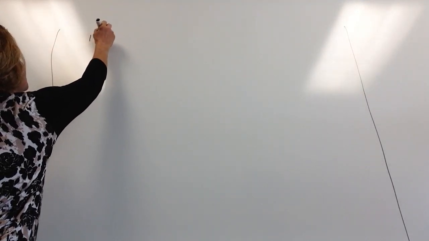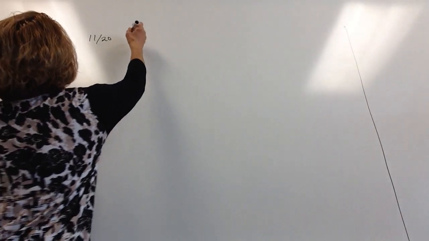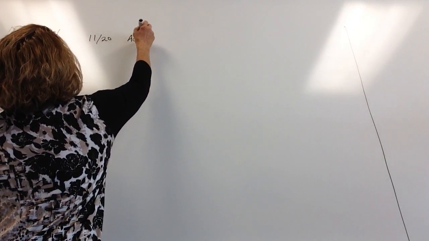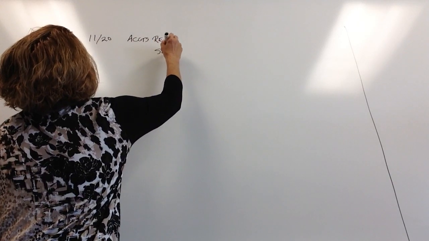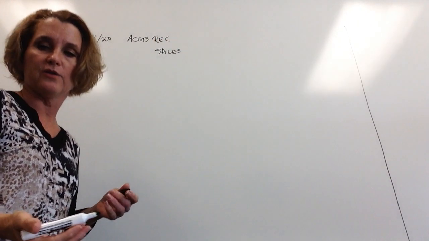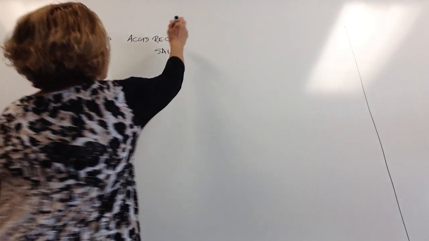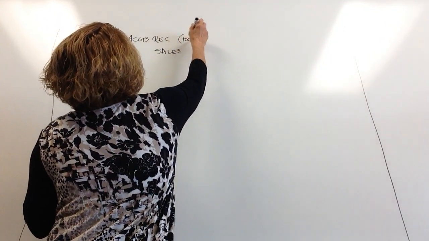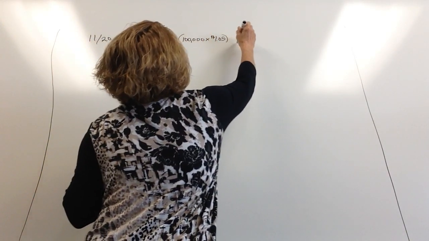So on November 20th, when we really make this sale, we are going to set up accounts receivable, and then we're going to credit sales for this amount. So it's 100,000 Swiss francs times the exchange rate at that time, which is $1.05.